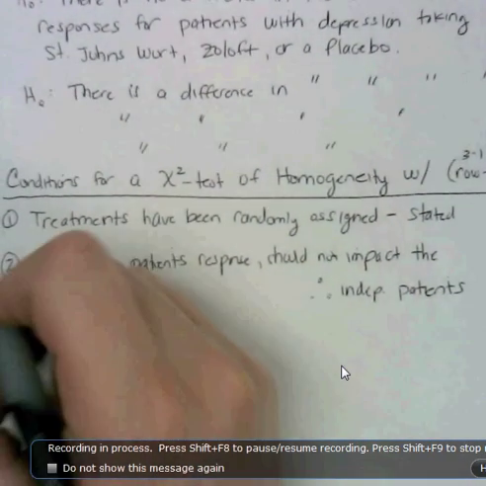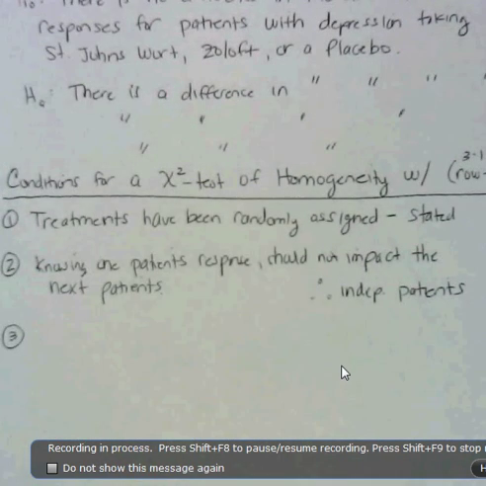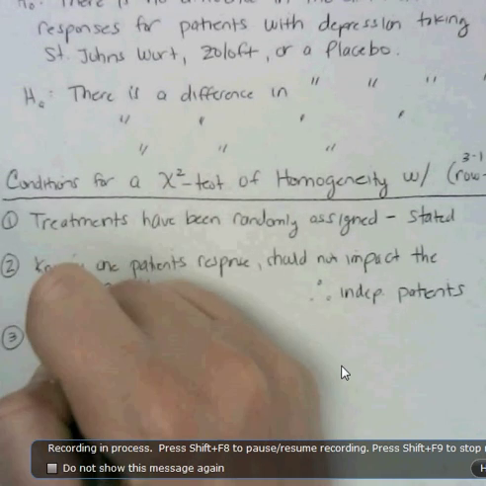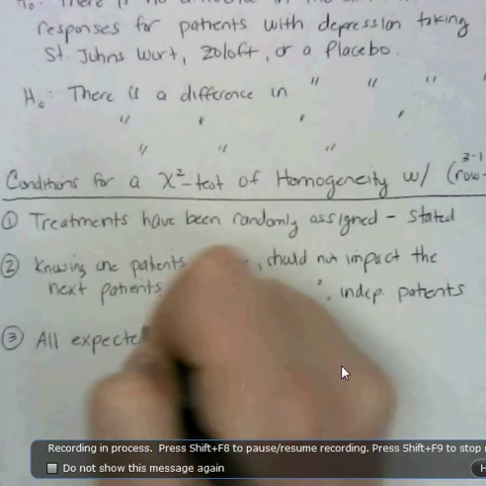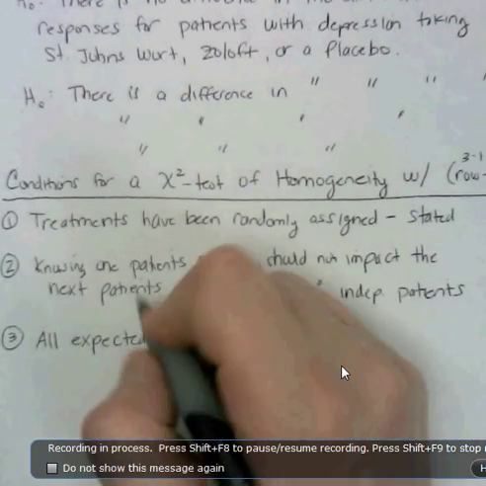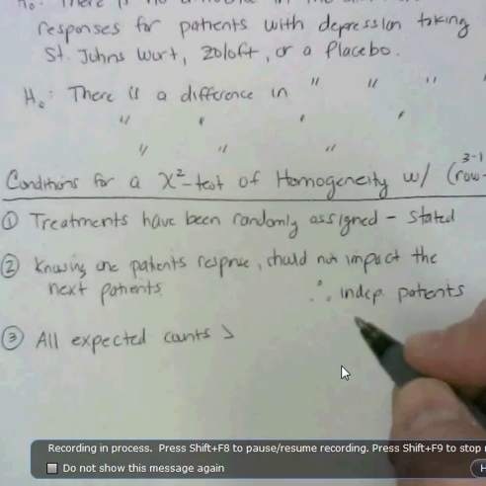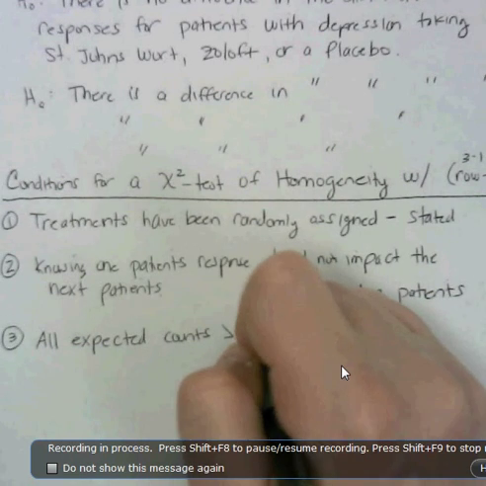Okay, now number 3, this is basically the same as the chi-square goodness of fit test, is we need all expected counts to be greater than 5.